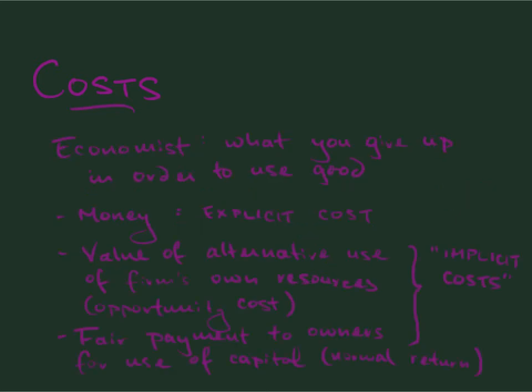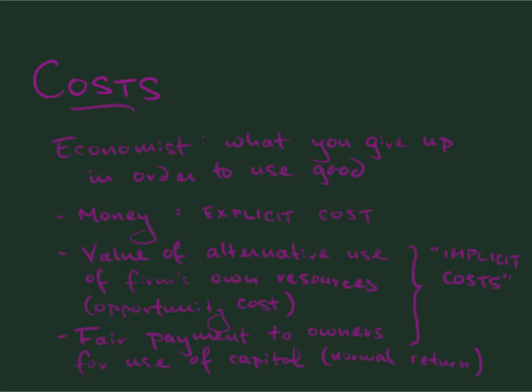But an economist defines costs differently. To an economist, the cost of something is what you give up in order to use it. Remember, that was again one of Mankiw's principles at the start of the course. So, I give as an example the cost of going to a movie.